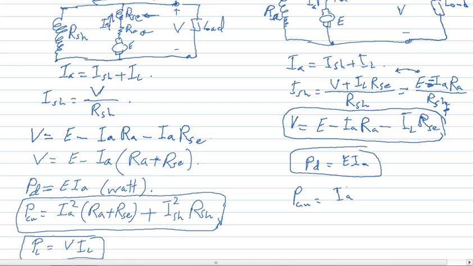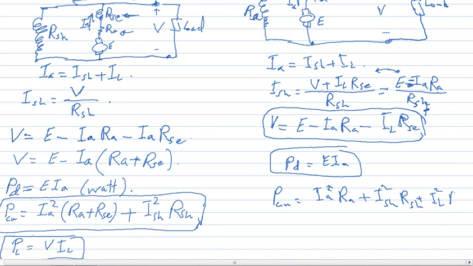So IA square into RA plus I shunt square into R shunt plus IL square into the series resistance. So this is the total copper loss in the machine, because the current flowing into the series field resistance is no longer equal to the current that is flowing through the shunt resistance.